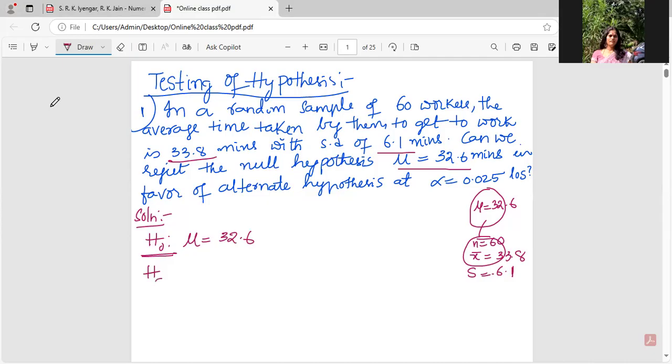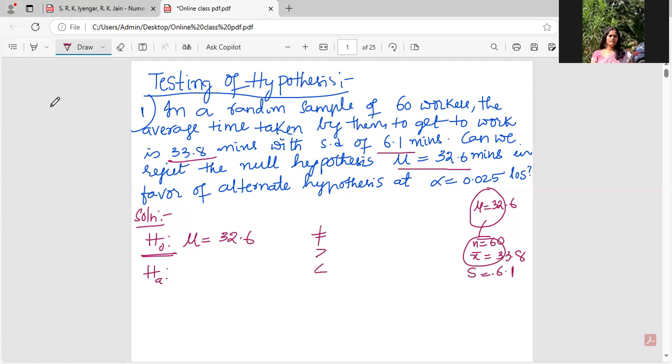Now, the alternate hypothesis should contradict the null hypothesis. Do check the previous video for the terminology in testing of hypothesis. Contradicting equal to, I'll have three options: not equal to, greater than, or less than.